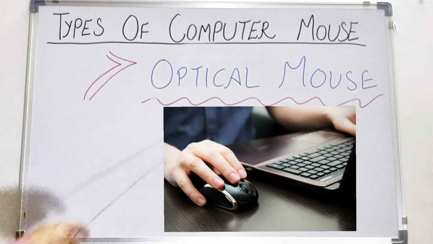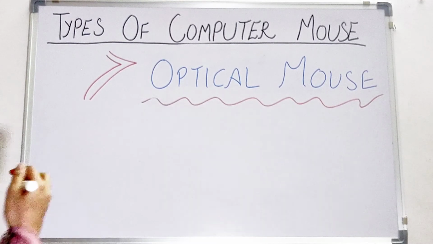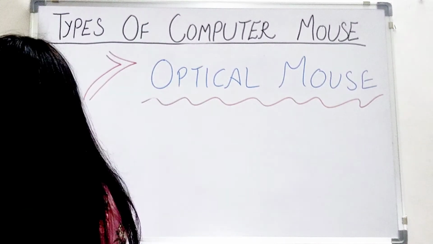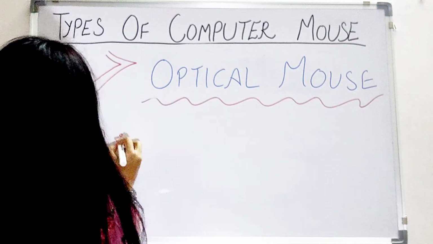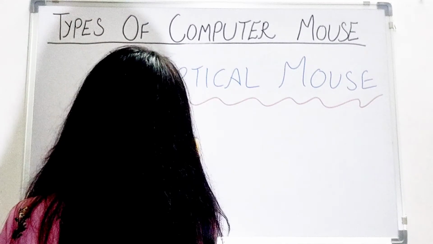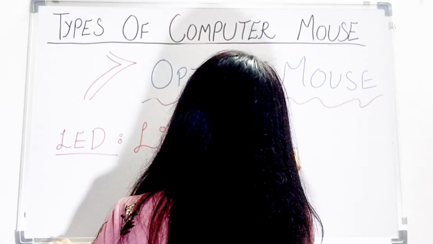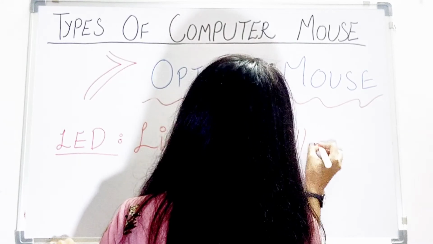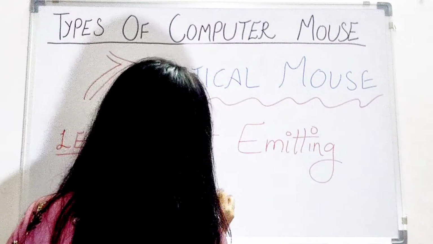Now the second one is optical mouse. An optical mouse has an LED in it. What is an LED? Wait, let me write the full form of LED first. LED: light emitting diodes.